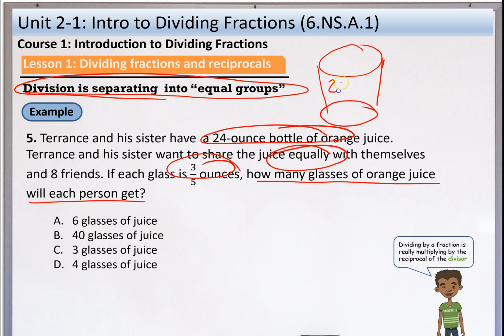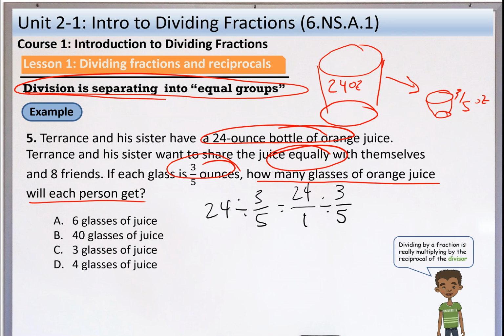So I have 24 ounces of juice, but I want to separate them into 3/5 ounce cups or glasses, and I wonder how much can each person get. Okay, so obviously I'm separating into equal groups of 3/5.